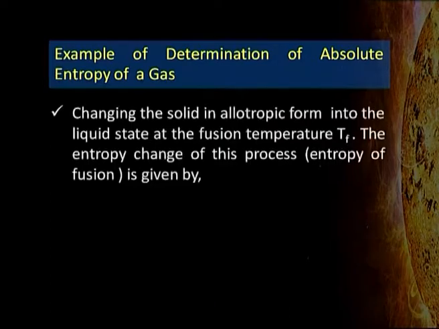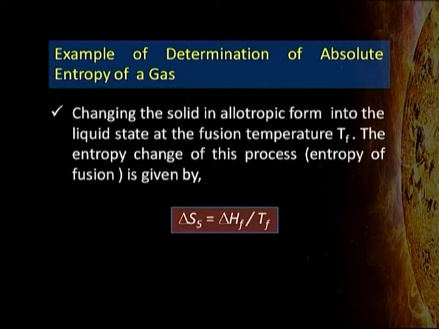The next step will involve changing the solid in the allotropic form beta into the liquid state at the fusion temperature Tf. The entropy change of this process is given by delta S5, which will be equal to delta Hf divided by Tf.